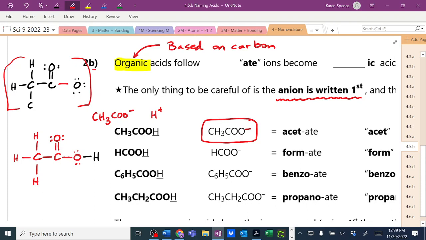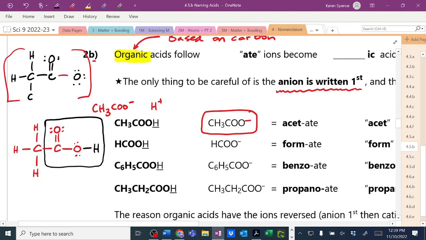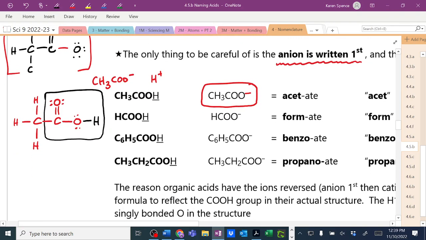Okay. So that is our structure, and this is what we call an organic functional group. You don't need to know this for this year. I'm not going to go into organic chemistry much. But a functional group is something that appears in chemistry often. Are you guys familiar with amino acids? Have you heard of those? The acid part of an amino acid is this group, a COOH, the COO group.